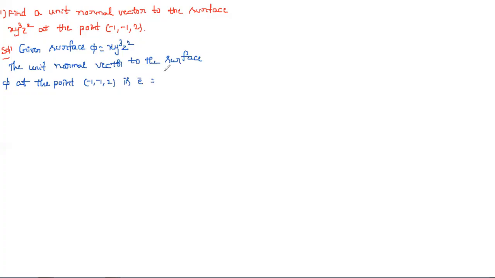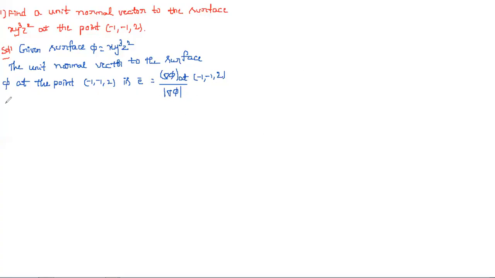Which is nothing but simply we have to use the formula del phi at the point (-1, -1, 2) by modulus del phi at this point. So this is the formula you need to remember. So finding the unit normal vector is nothing but del phi at this point by modulus del phi.